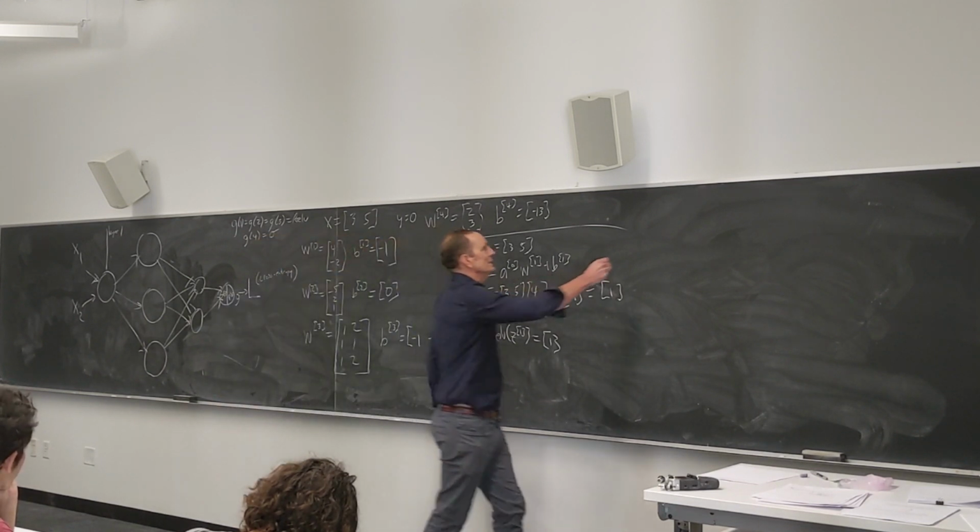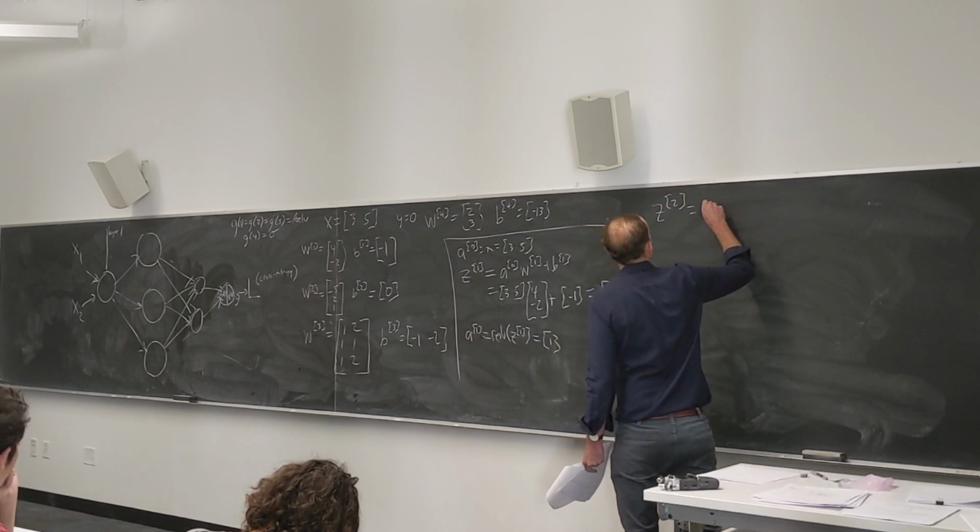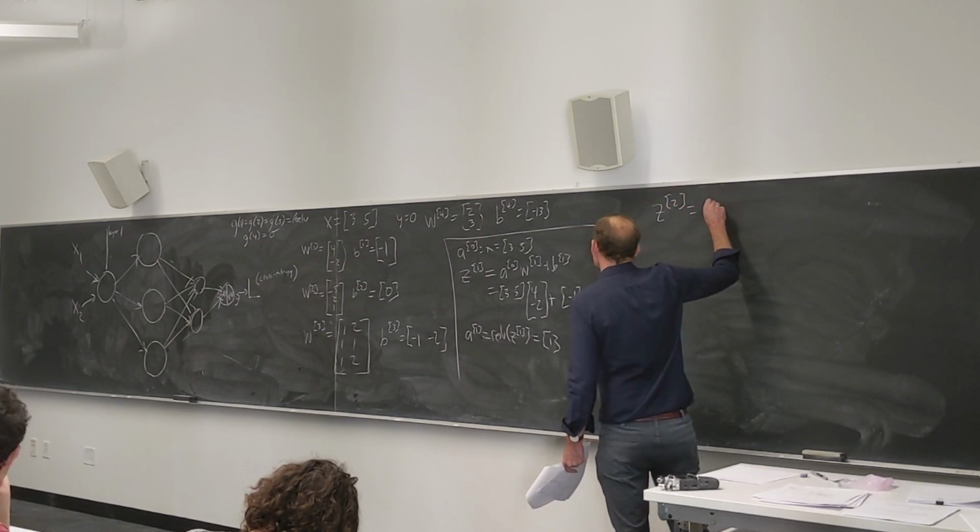Now we can calculate Z2 equals A1 W2 plus B2. So 1 times, what is it? Negative 5, 2, 1.